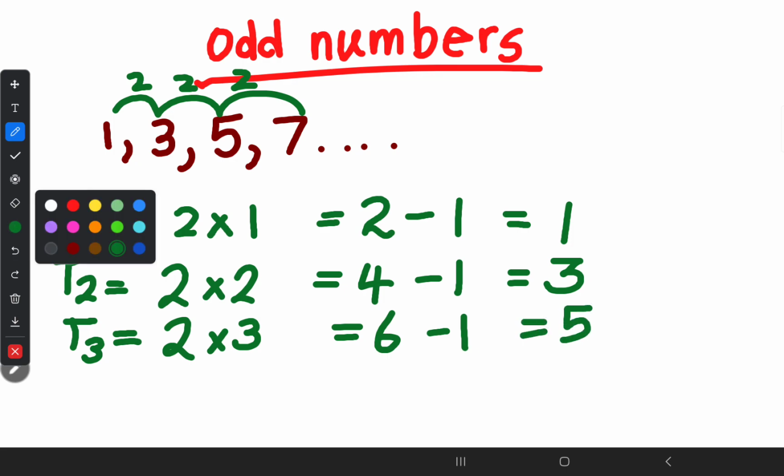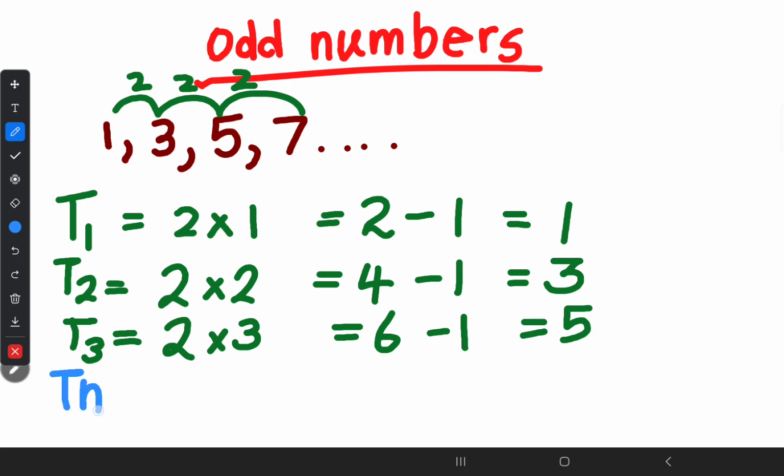Similarly, to find the general term Tn, we are using nth term, common term or general term. Tn would be, if this is the first term, that was multiplied with 1. The second term is multiplied by 2. If this is the third term, it should be multiplied by 3.